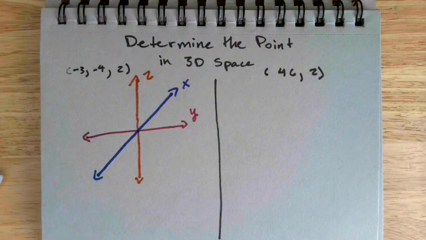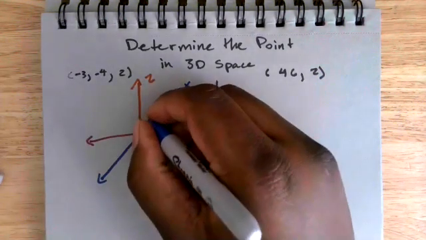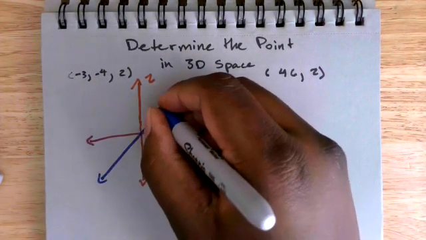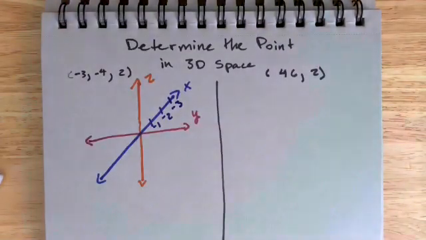Then we're going to plot the point. So we've got the point -3, -4, 2. To plot the point -3, -4, 2, we need to establish where these points are. So in other words, this right here, let's say that's going to be -1, -2, so this is -3.